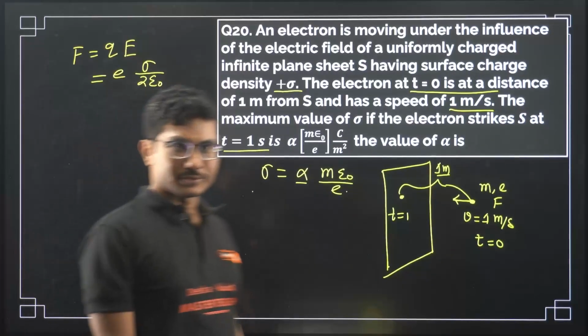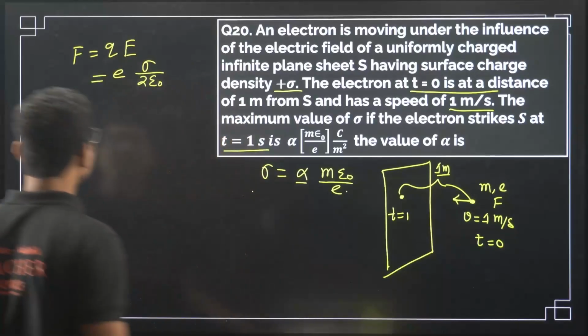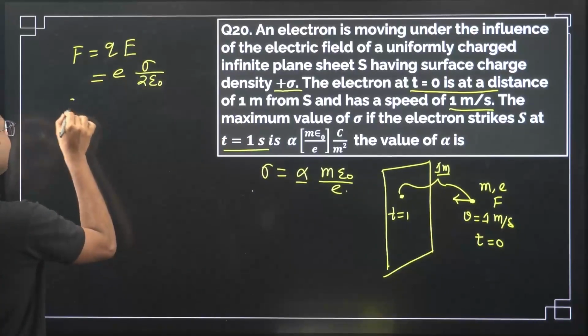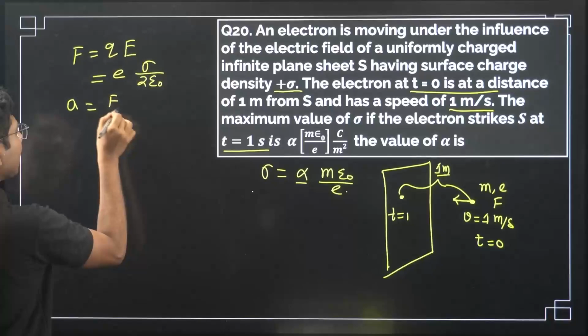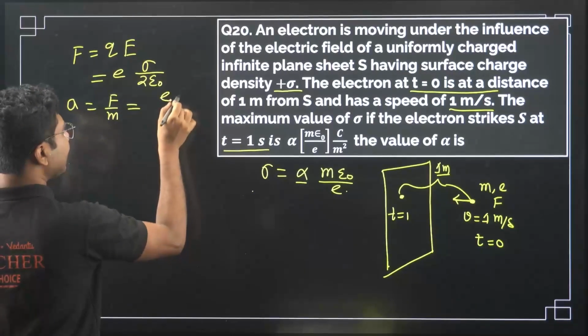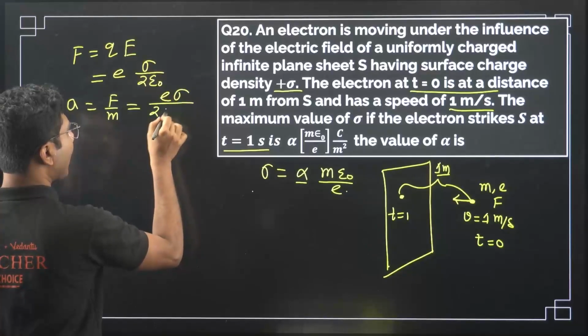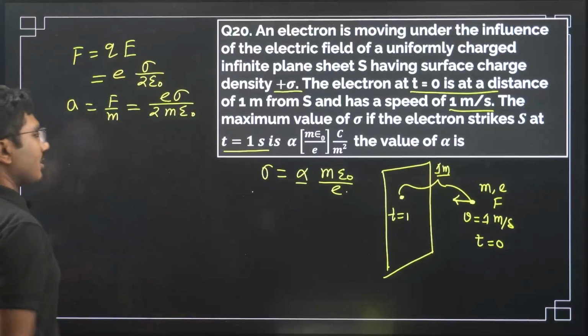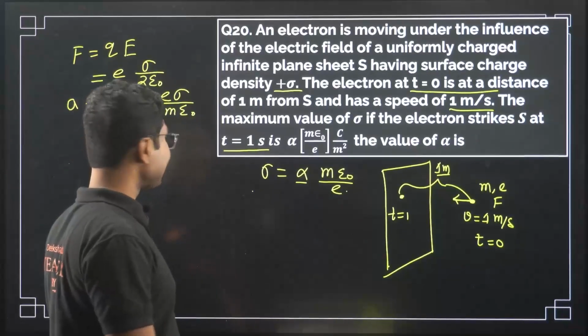If this is the force, what is the acceleration? Acceleration is force by mass, so it will be e sigma by 2m epsilon naught. This is the value of acceleration.